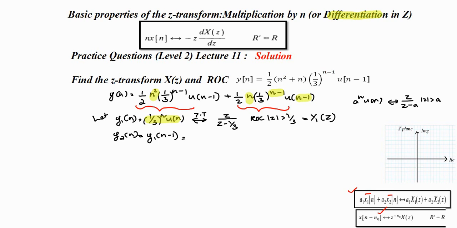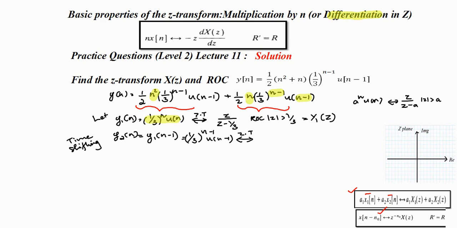So it becomes 1 by 3 the whole raised to n minus 1 into u of n minus 1, and the Z transform of this signal I can write by using the time shifting property. So now we need to apply the time shifting property here.